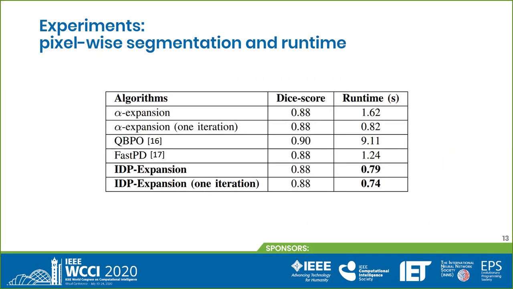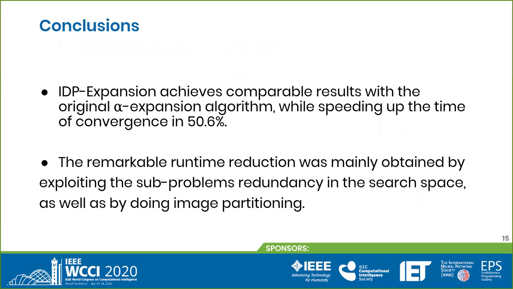According to the results, IDP expansion achieves the same segmentation quality as the original alpha expansion and PSPD, and is only 0.02 lower than KBPO. Considering computational time, our method is the fastest one. Conclusions.